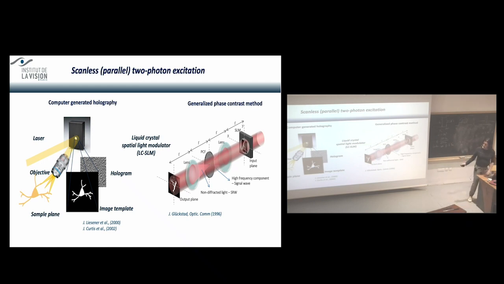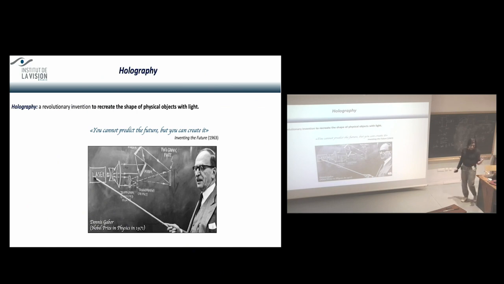Computer-generated holography is the modern version of holography that you probably all know, but just to remind you how it works. The idea of holography was to reproduce with light a certain object in the absence of the object. The system is not very far from what was schematized by Dennis Gabor, who proposed holography. You need a laser, and you divide the laser into two beams: a reference beam that just propagates, and another beam which illuminates the object that you would like to recreate with light.